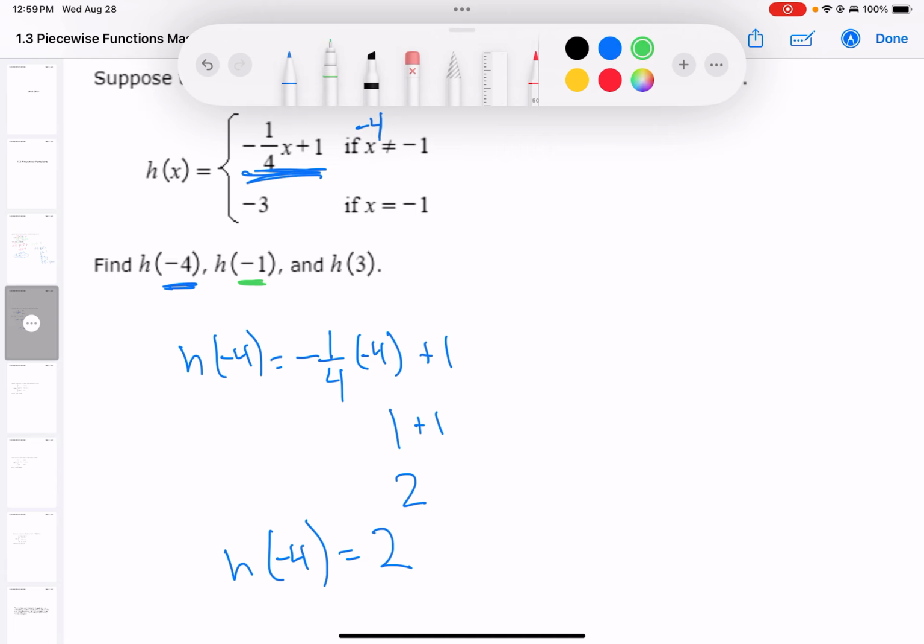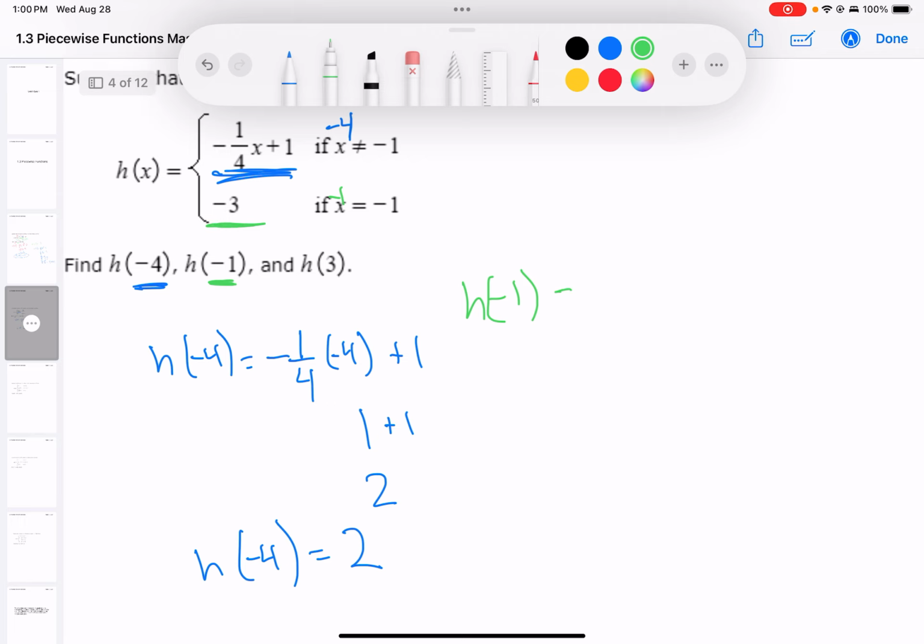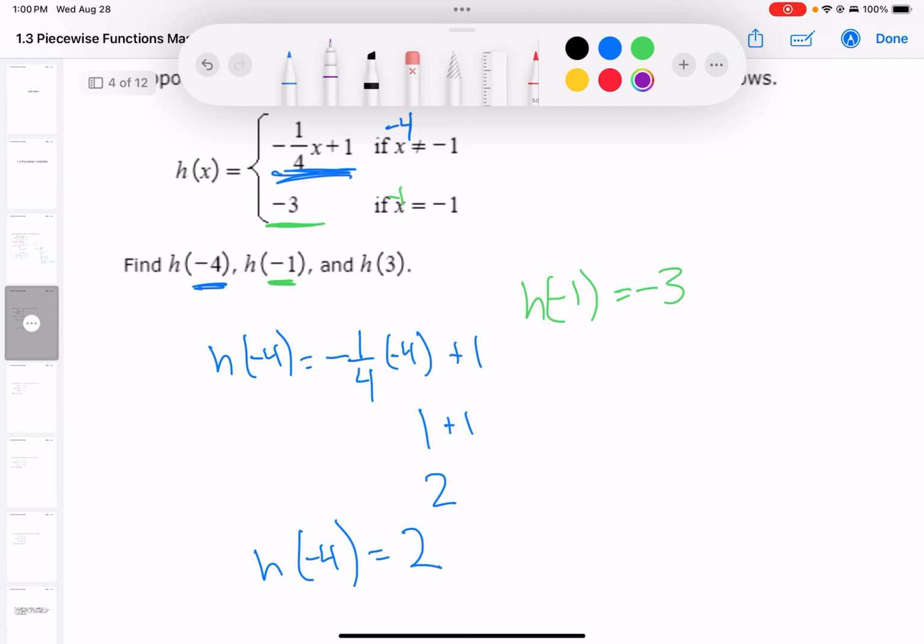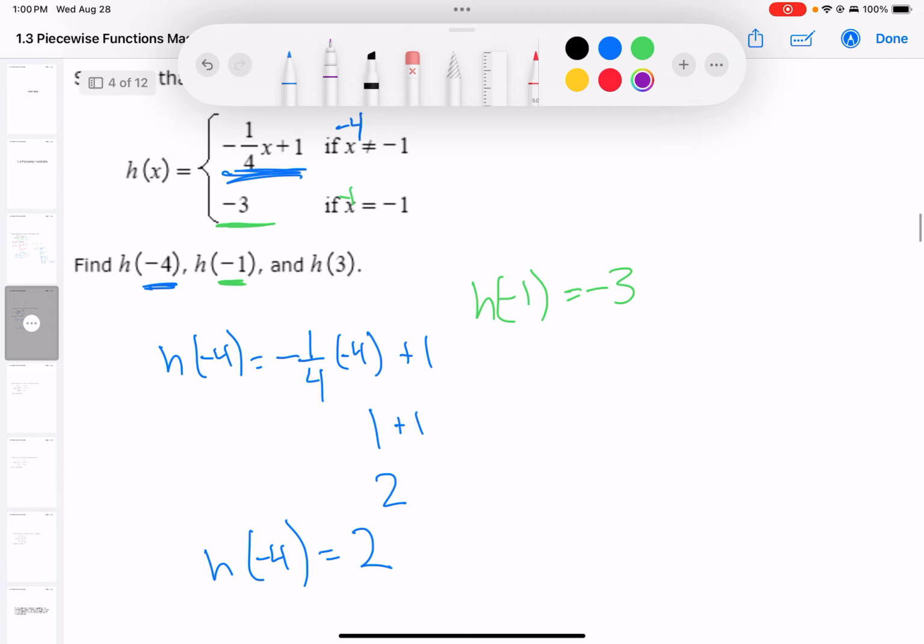Here I've got h of -1, and this makes a true statement here, -1 is equal to -1. And if that's the case, I'm going to use that line right here, which just means that this is -3. This last one is 3, so that's going to be right here because 3 does not equal -1. So that means I'm going to be using this function here.